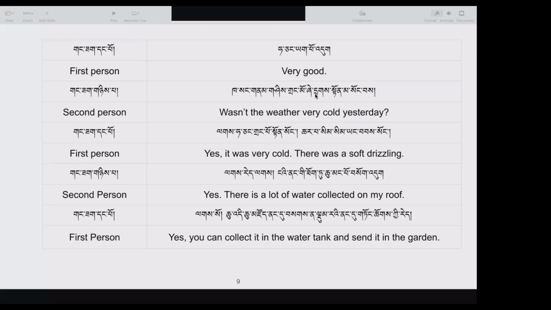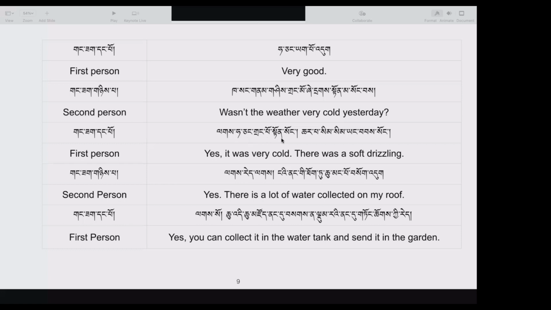Which means, wasn't the weather very cold yesterday? So shida is used with an adjective or adverb, which means very.